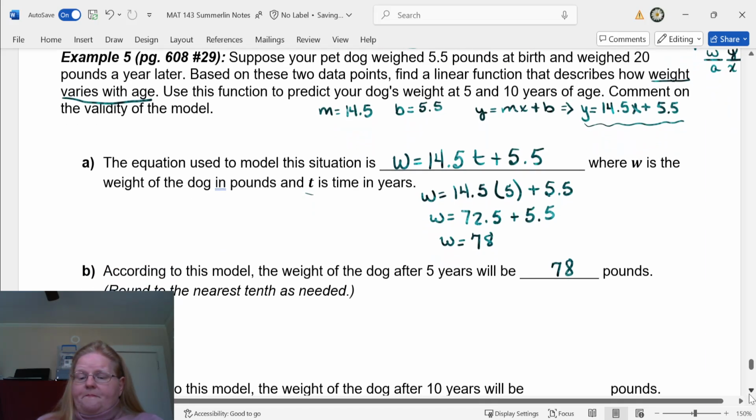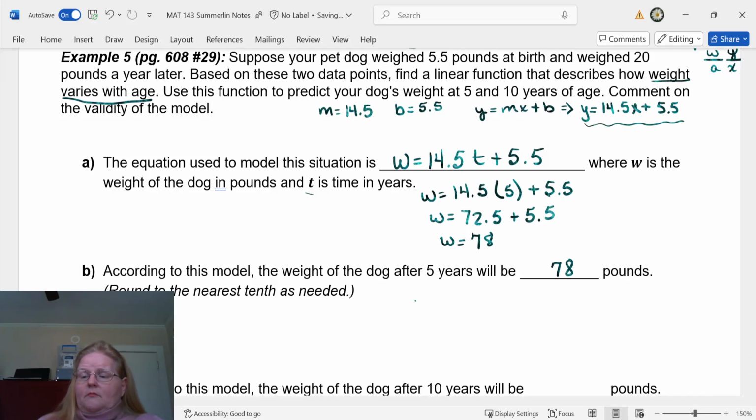Check them. According to this model, the weight of the dog after 10 years will be, okay, W equals 14.5, we'll do it for 10 years, plus 5.5. See, not hard to do once we get the function. Just getting the function in there. So W equals 145 plus 5.5. W equals 150.5.